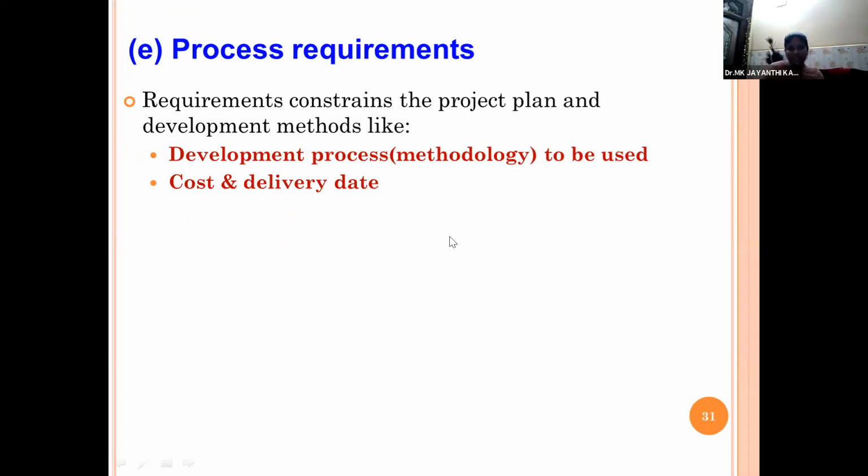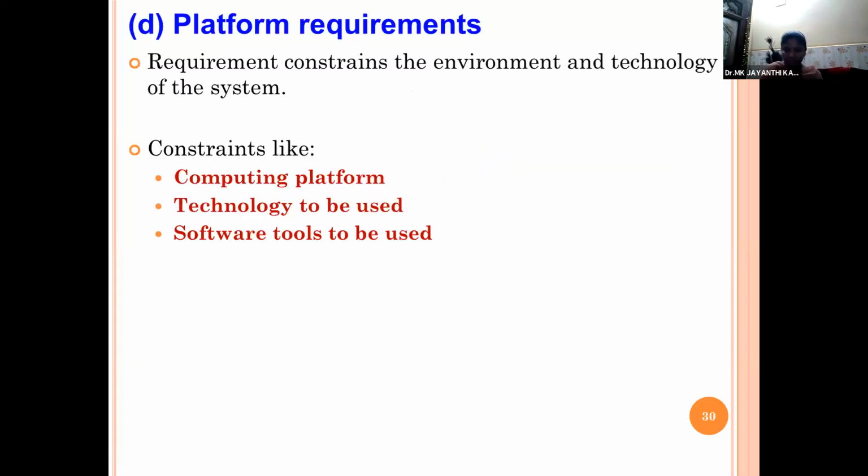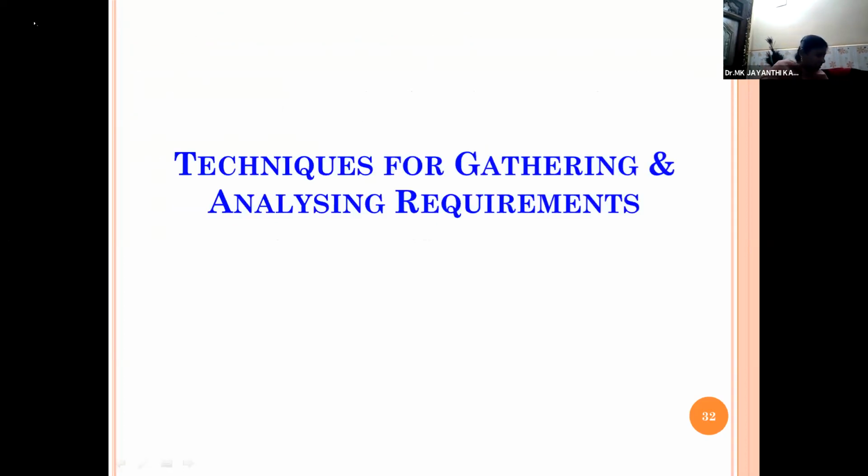So these are the 5 requirements aspects of any project: software functional requirements, non-functional requirements, process requirements, quality requirements, and platform requirements. So any doubt in the requirements process? Shall we continue? Any doubt? What is a software requirement?